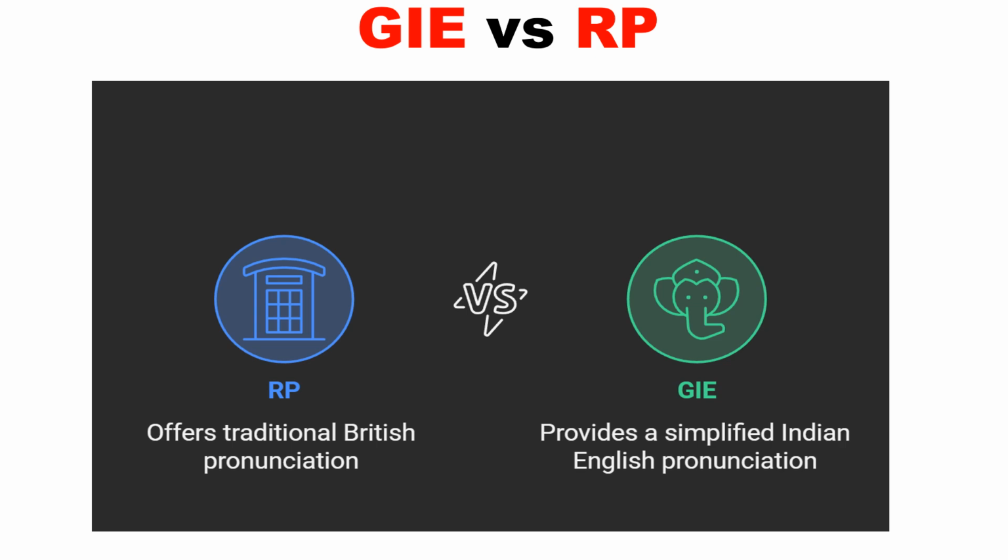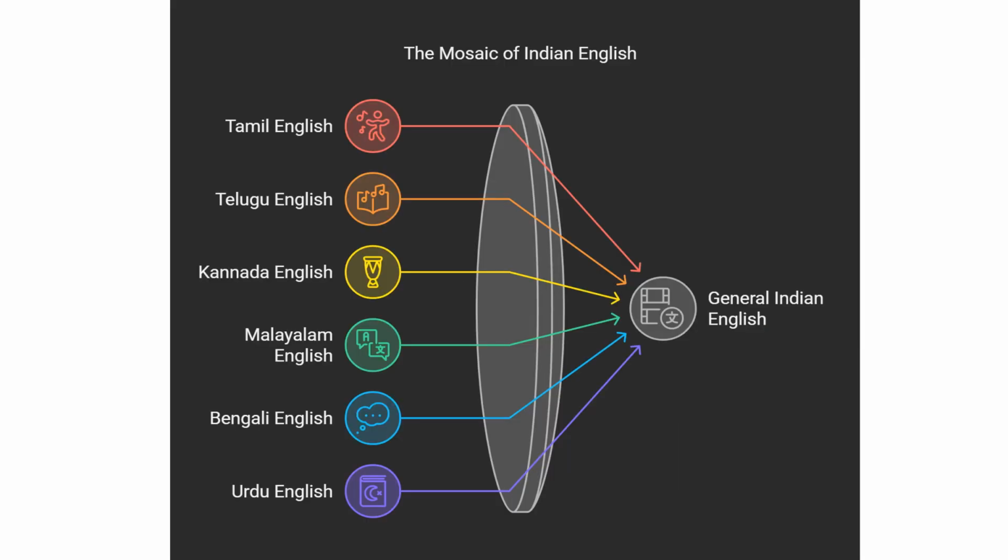So let's see the concept of General Indian English in this video lesson. Let's see varieties of Indian English. We Indians do not learn English from an RP speaker or a native English speaker.